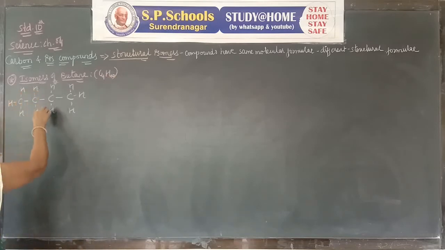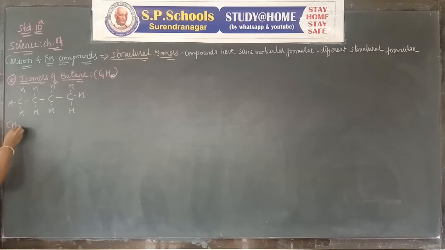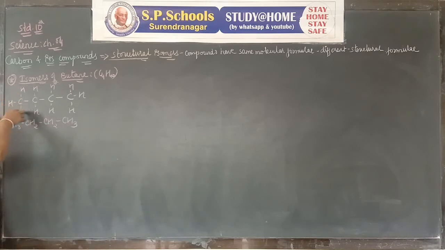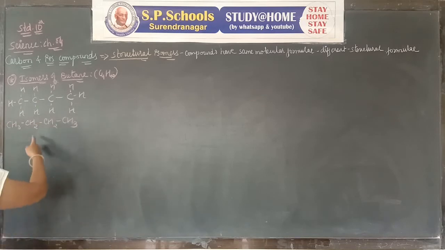So we write it with CH3, CH2, CH2, CH3. Here we write one step ahead to give the branch for hydrogen. We do not write the structure directly because sometimes there will be chances of mistake. So we write it with the branches first and then we give the structure.